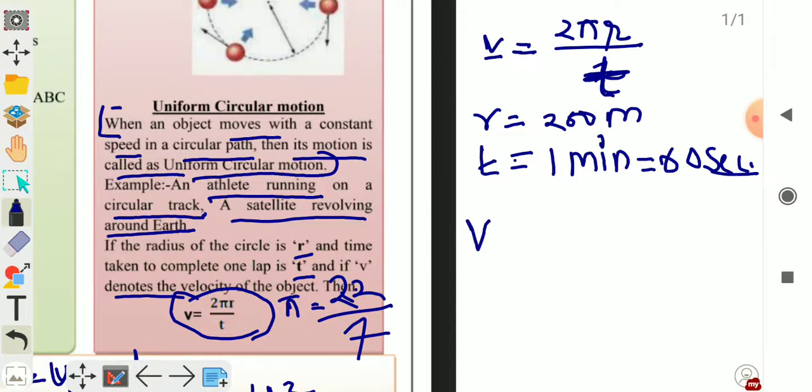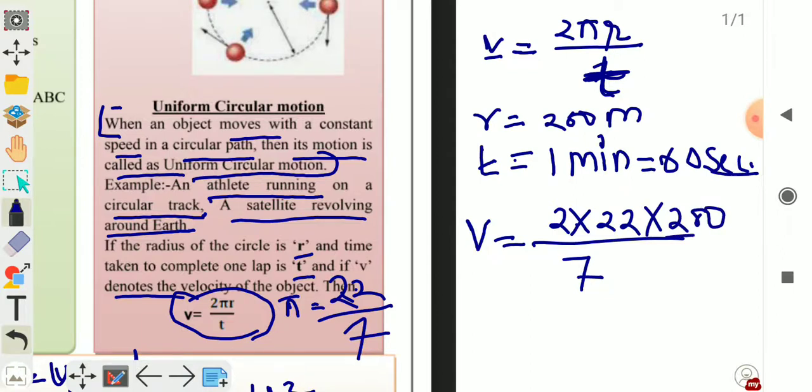Now put in the values. v equals 2 into pi, which is 22 upon 7, into the value of r, 200, upon t, which is 60 seconds.